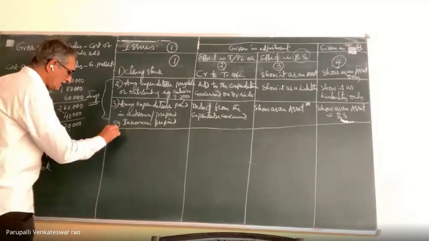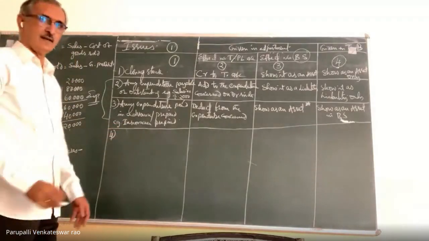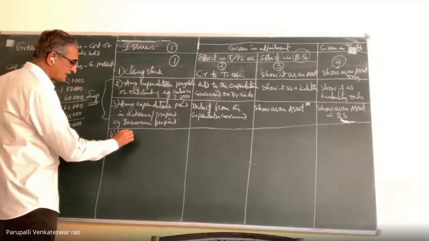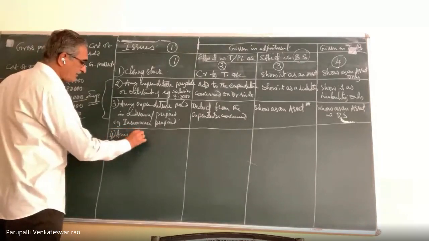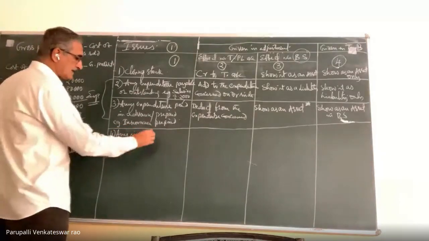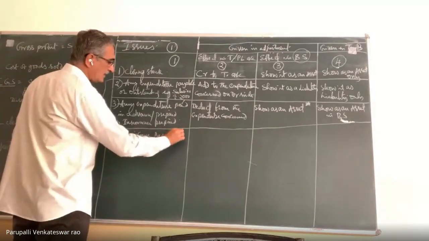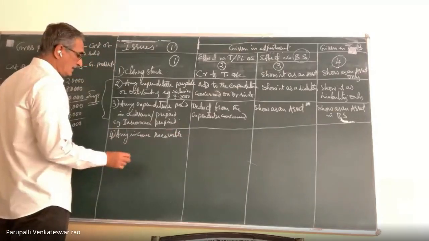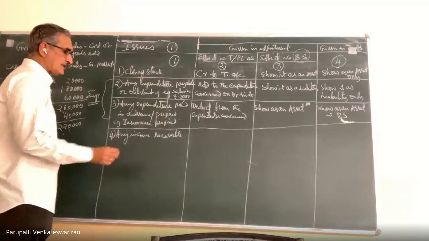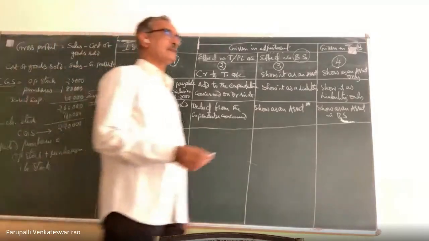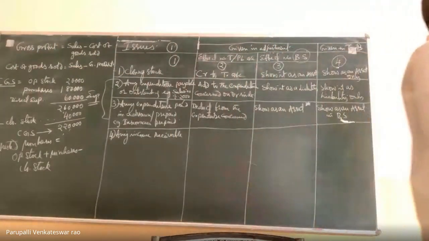Now I'm taking adjustments relating to incomes, number 4. Write it down: any income receivable. Suppose commission receivable, rent receivable.